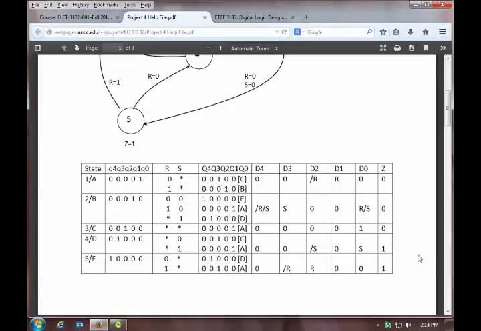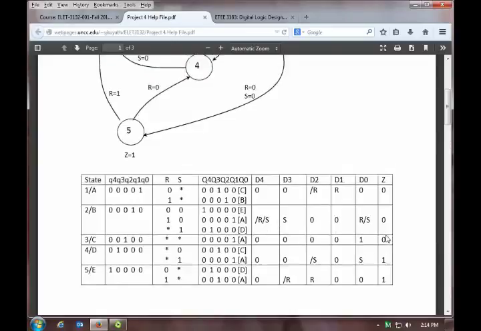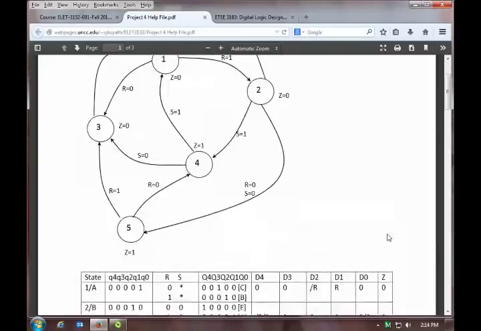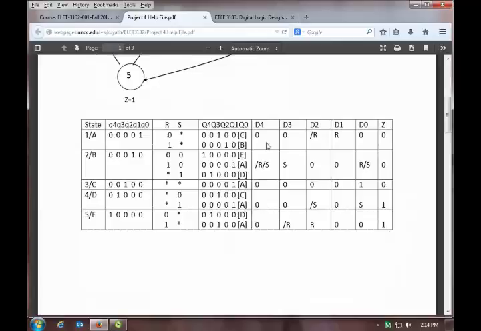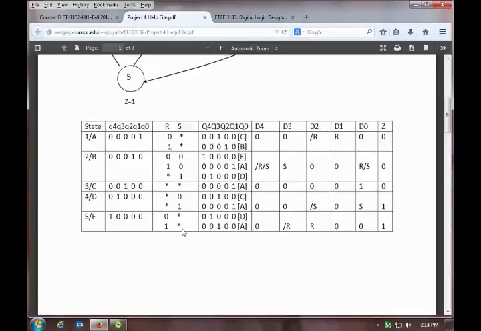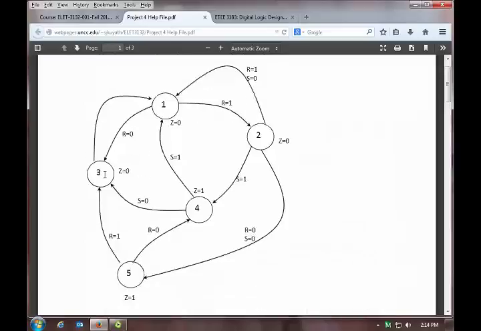Now, the one thing that you will find in one-hot encoding, almost every time it's either going to be 0 or it's going to be something to do with the inputs. This is the only place where it's 1. And that's because when I'm in state 3, I only go out one place, right?